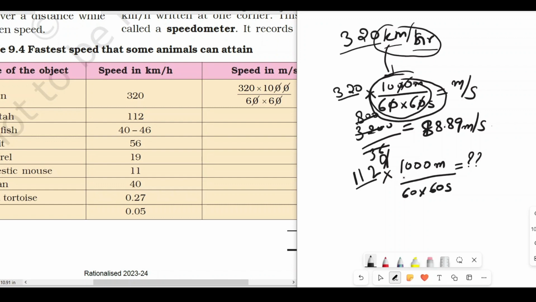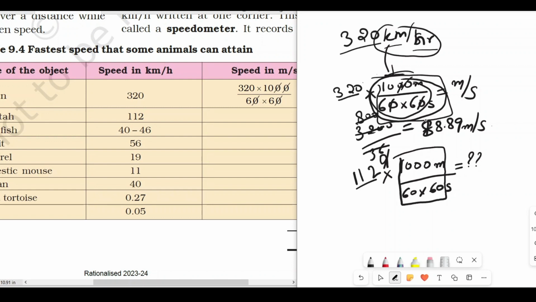The simplest thing that is happening here is a repetitive step. Each time you convert kilometers per hour into meters per second, you are actually multiplying it by 1000 and then dividing it by 3600.